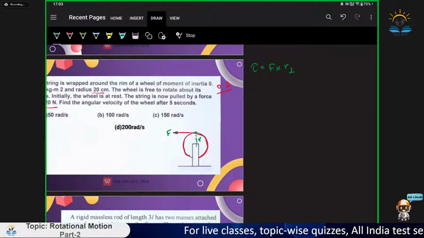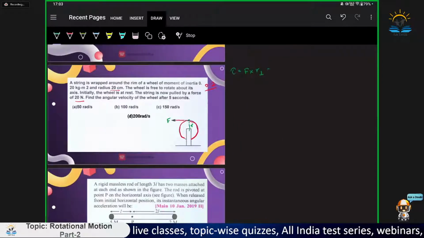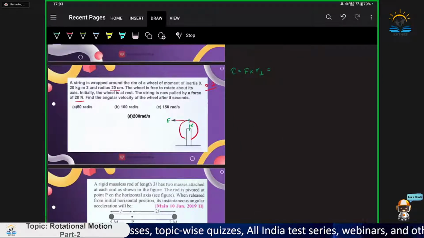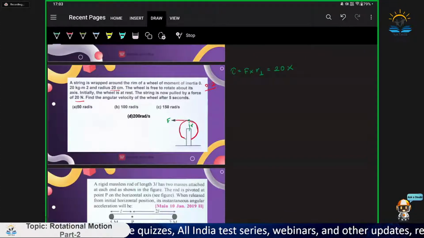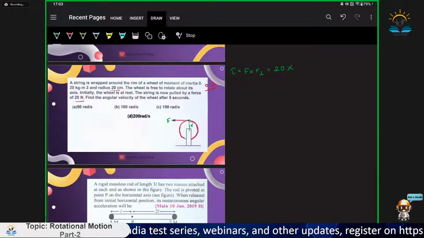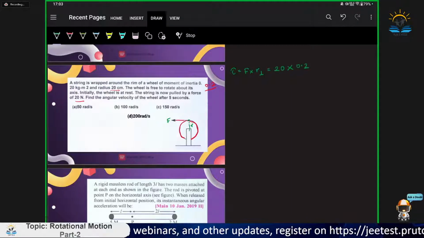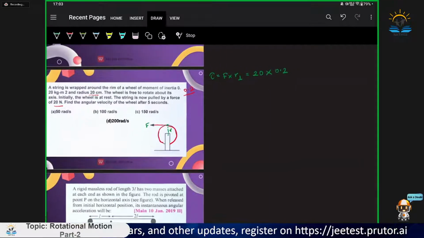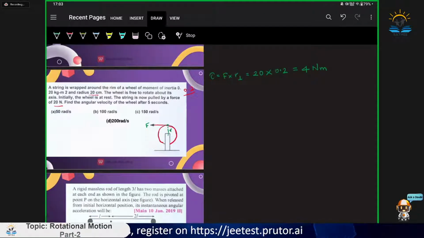So torque will be F into perpendicular distance, 20 Newton into radius. 20 centimeter means 0.2 meter. So it will be 4 Newton meter. This will be the torque.